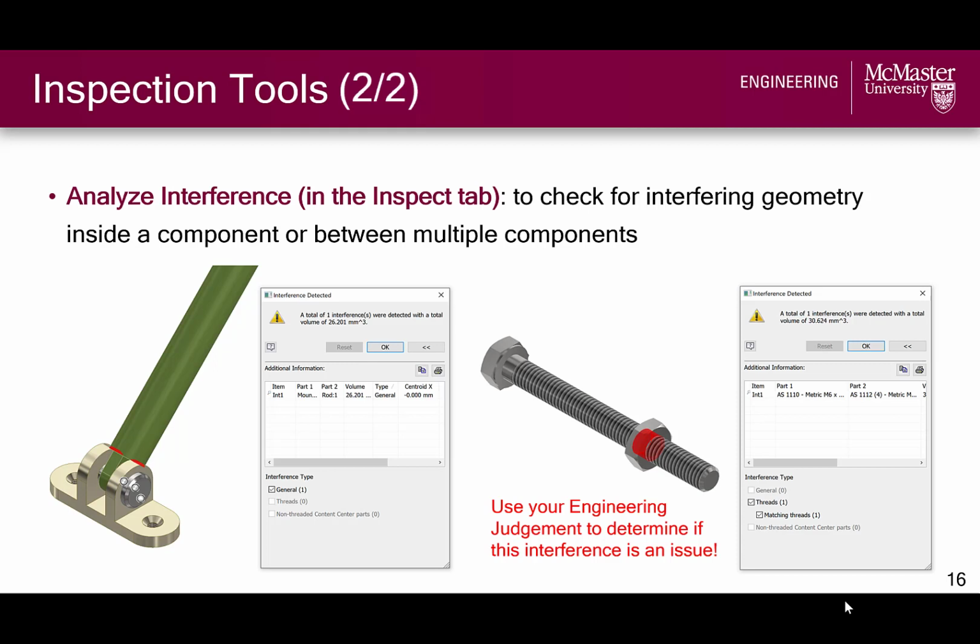In this case, you just have to use your engineering judgment that as long as the thread size or gear tooth module is modeled correctly, then we can ignore this interference, because it's just showing that these components aren't exactly aligned properly. So these two tools might come in handy as you work through other assembly modeling examples and assignments.